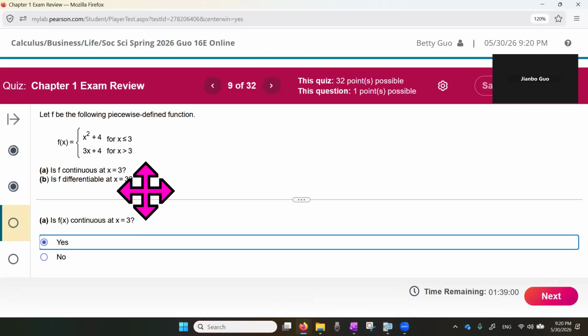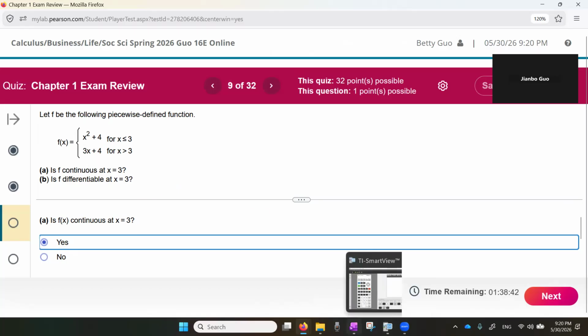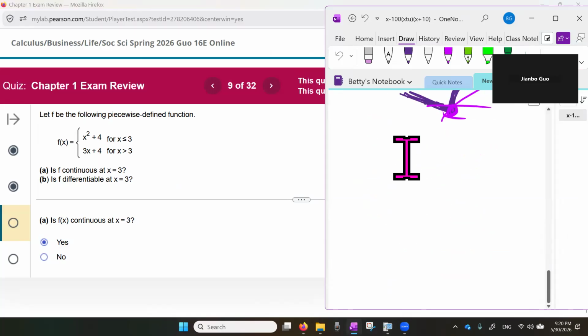Is the function differentiable at 3? No. Because the first piece is a quadratic function, a parabola. The second piece is a linear function, a straight line.